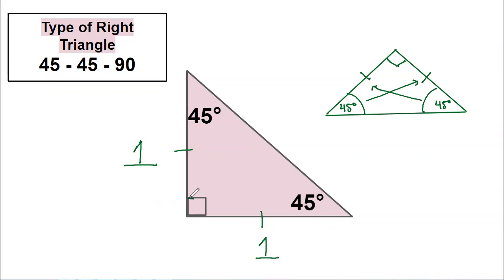And because we have a right triangle, what have we done before in order to find the measurement of a hypotenuse? Not using sine or cosine or anything else. What did we do before using trig ratios? What have we used before to solve for the hypotenuse?